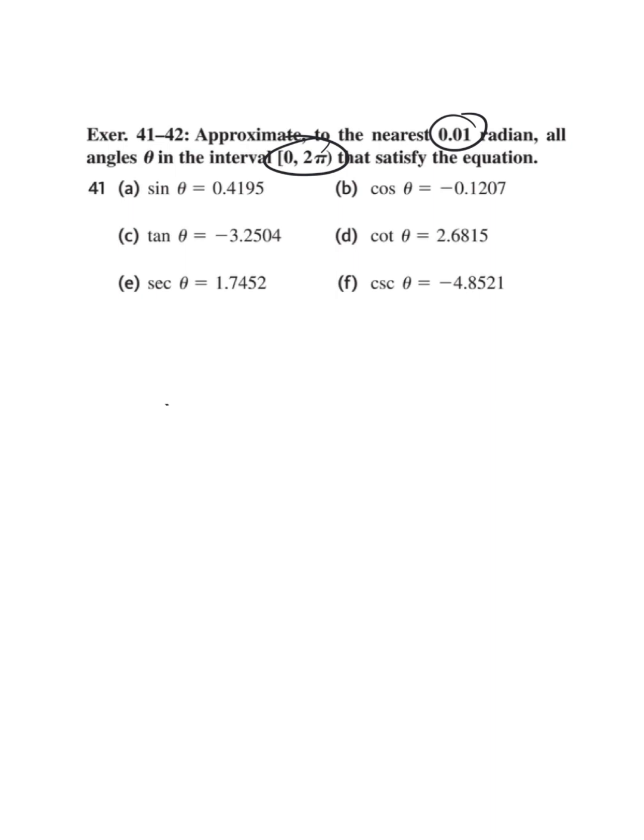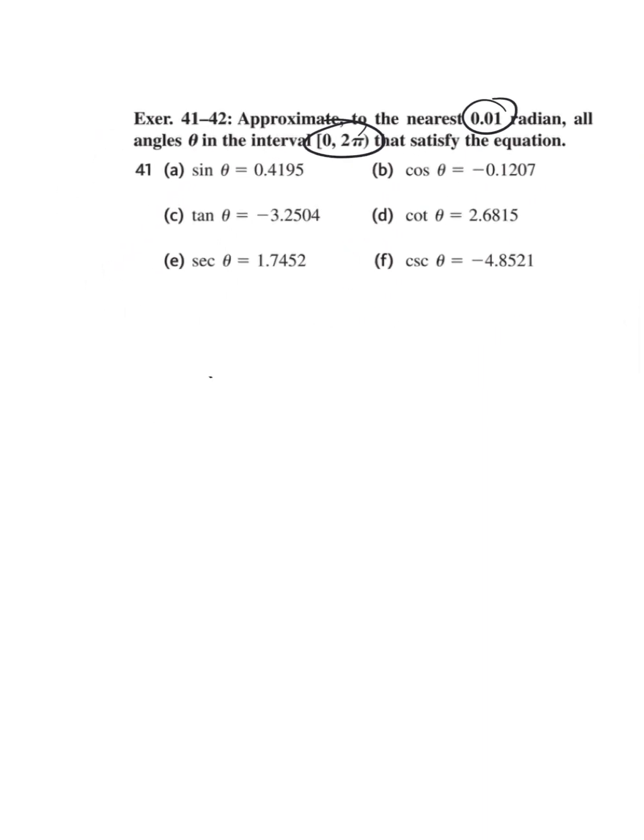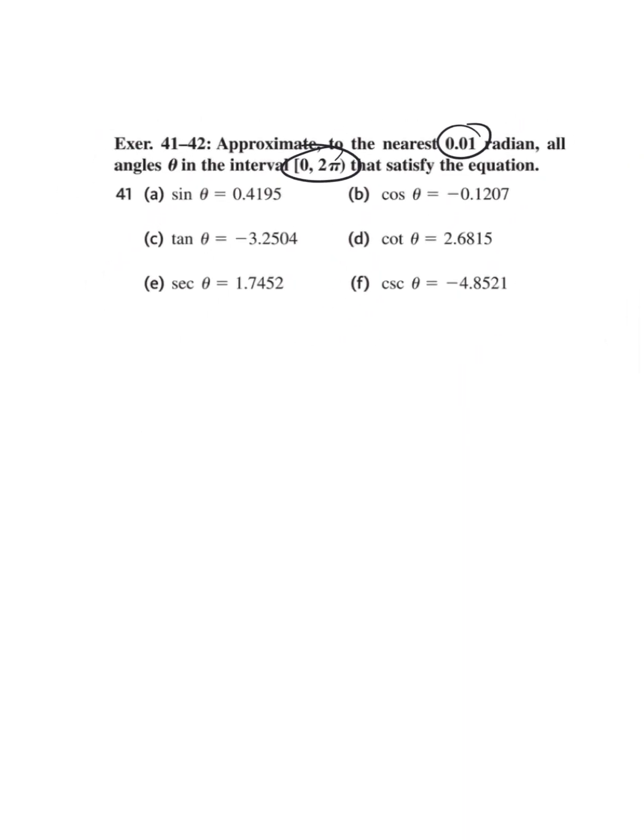Secant is the same as cosine. So arc cosine of 1 over 1.7452. So 1 divided by 1.7452, and then we take the arc cosine of that, and that gives us 0.96.